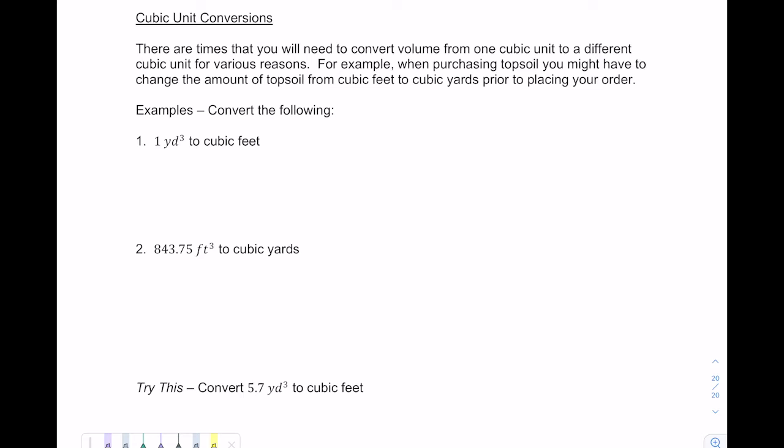So if you'll recall, in lesson 8.3, we did some conversions, and 3 feet is equal to a yard. So if I want to convert from yards to feet or feet to yards, I need to remember that. Now, let's say I want to convert from cubic yards to feet.